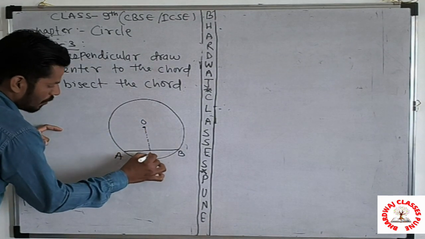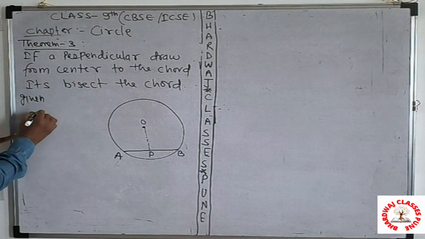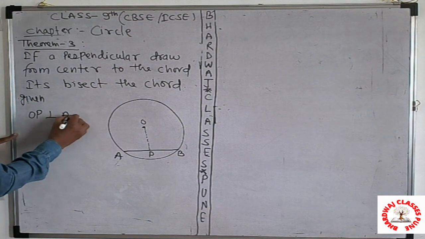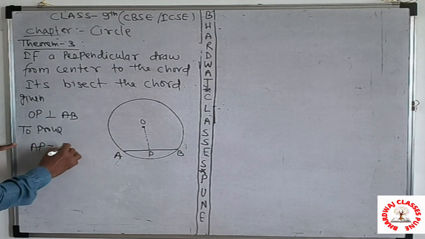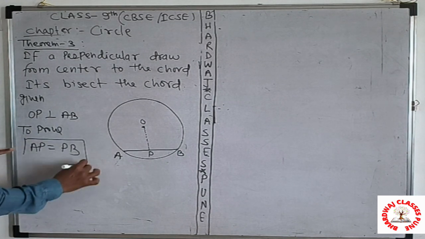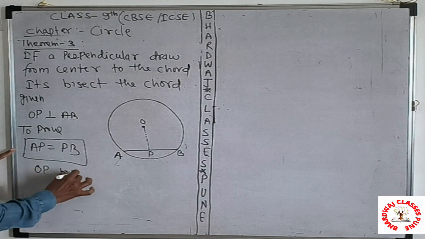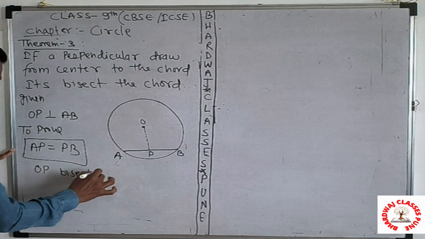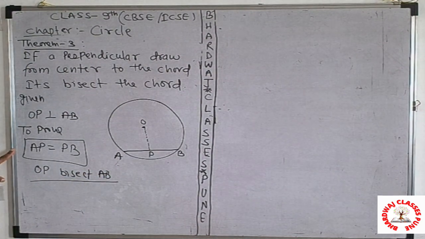Let us suppose it is OP. It is given that OP is perpendicular to AB, and you have to prove that AP is equal to PB. That means OP bisects AB.